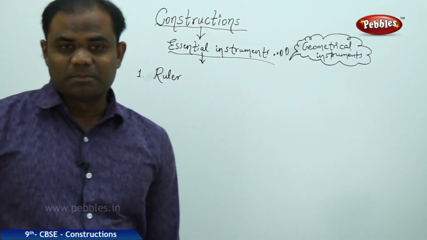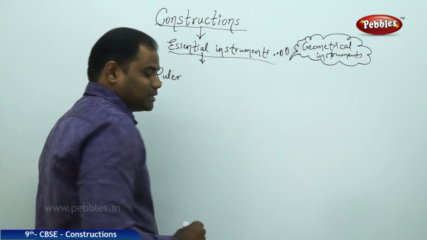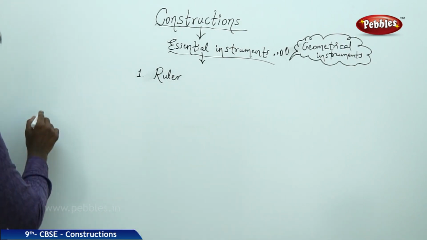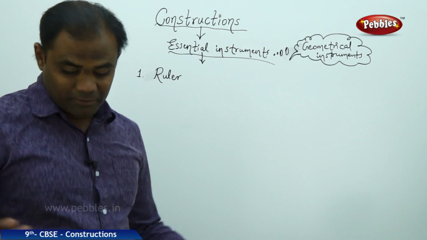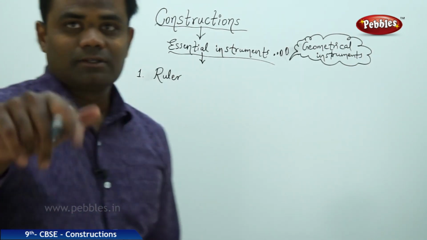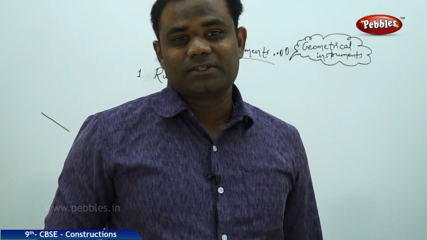A ruler helps me in drawing straight lines. For example, when I draw a straight line randomly, I may not get an exact line, but if I take a ruler and draw a straight line, then we get a perfect straight line.